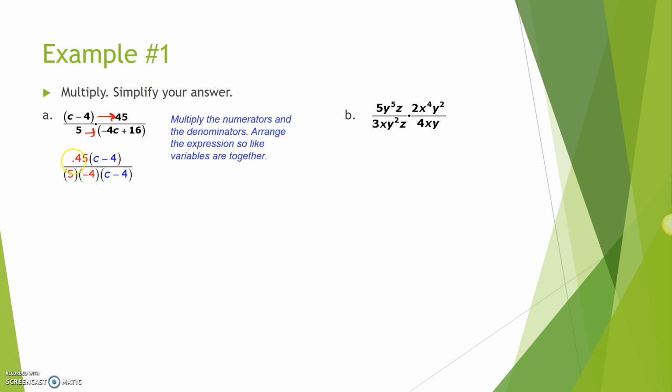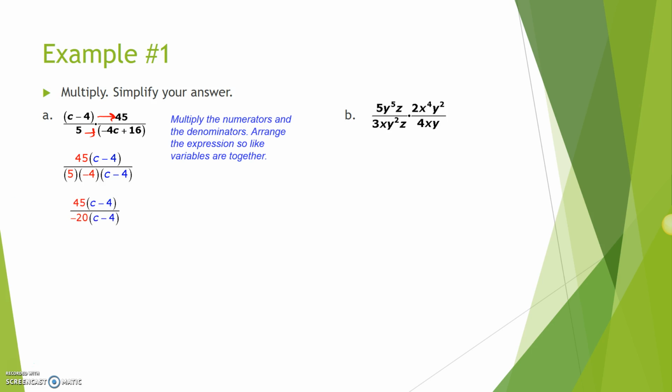So we have 45 times c minus 4, and then they factored out the negative 4 from negative 4c plus 16, which is 5 times negative 4, and then you end up with c minus 4. So this is what we get when we multiply it.